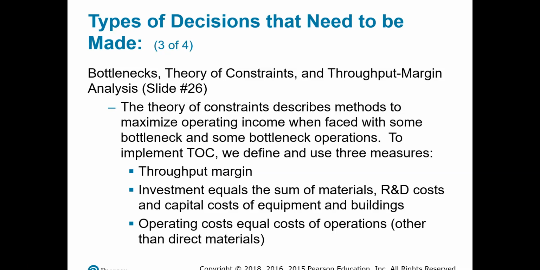Investment equals the sum of the direct materials, that's direct materials located in raw materials inventory or the materials control account, materials in work in process, materials in ending finished goods inventory, research and development costs, and capital costs of equipment and buildings. And then finally operating costs equal the cost of operations other than direct materials. And we'll look a little bit more at that in the next video.